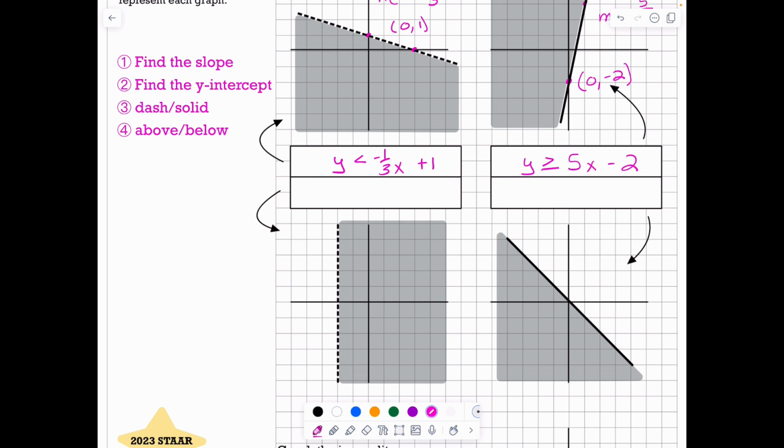Next one, vertical line. So we know that this one starts with an x. The line is dashed. I don't have a y-intercept, but I have an x-intercept. My x-intercept occurs at -2, 0.